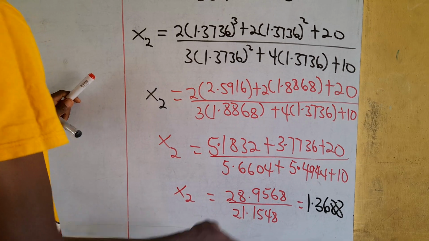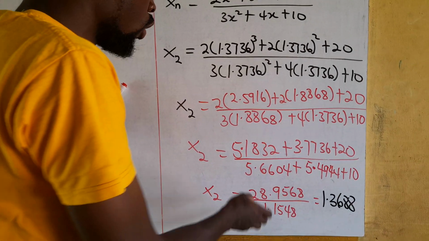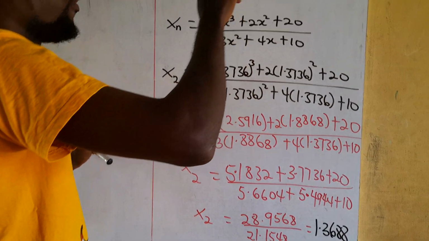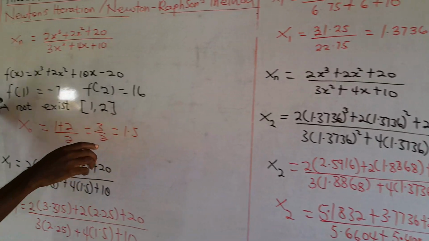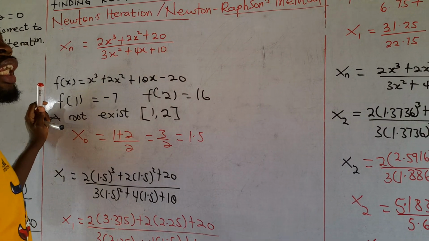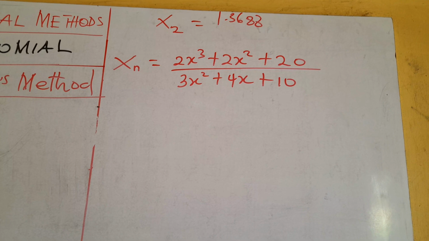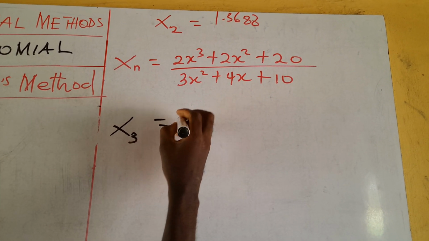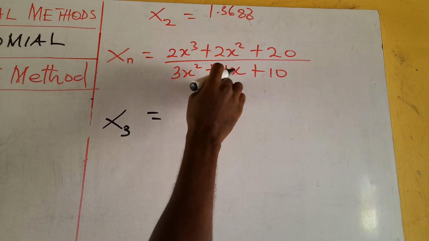Now remember, the question says up to the third iteration. So now we substitute our x2 into our iterative formula. Remember, this is the iterative formula. We substitute our x2 into it to get our third iteration. So our third iteration, which is x3, will be equal to the substitution of the x2 into the iterative formula.